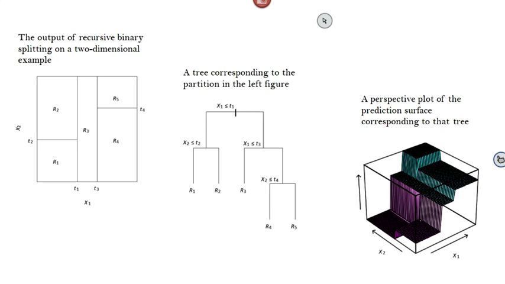This is another example, where we are given x1 and x2, two predictors. Seen here, assume that t1 was the first cut point that we made, or the first split, and then t2 is next, then t3, then t4. So we cut the space into 5 regions.